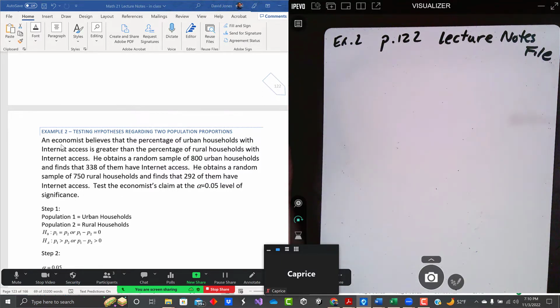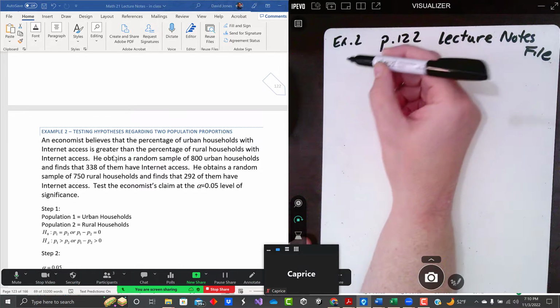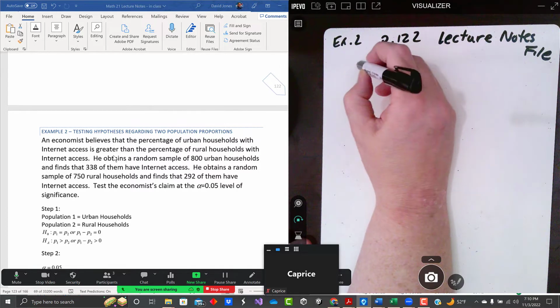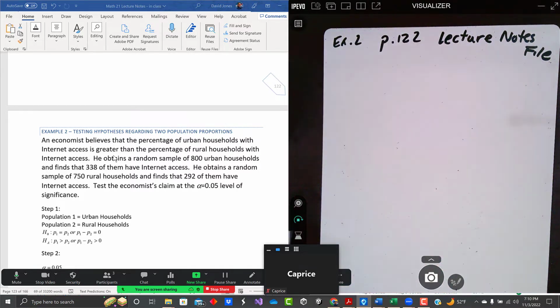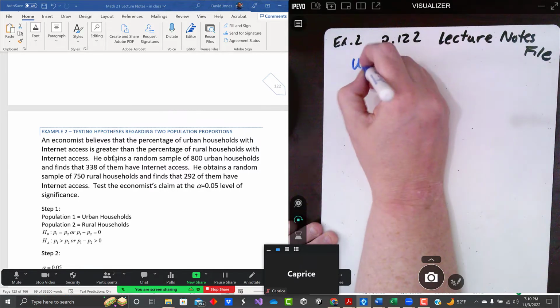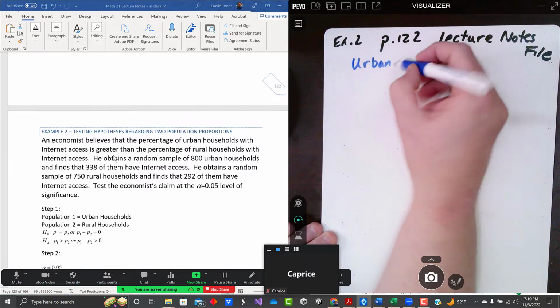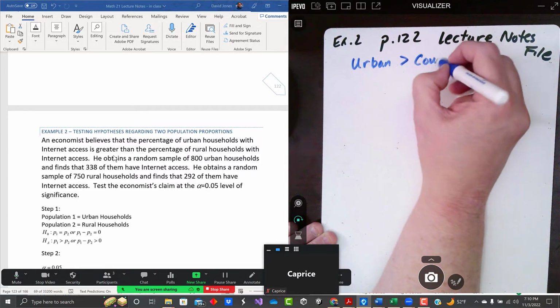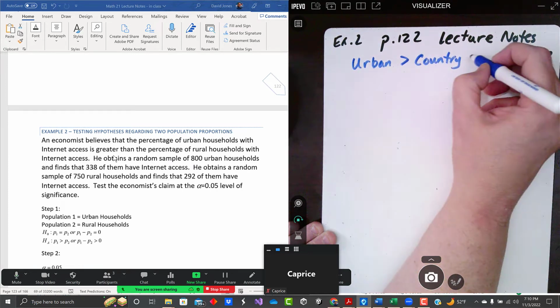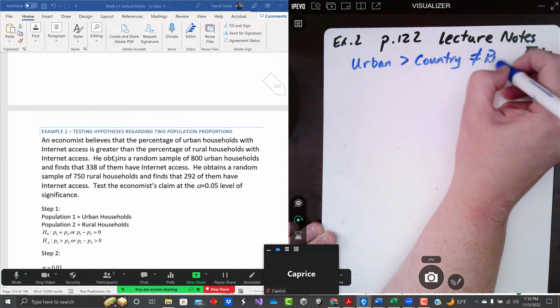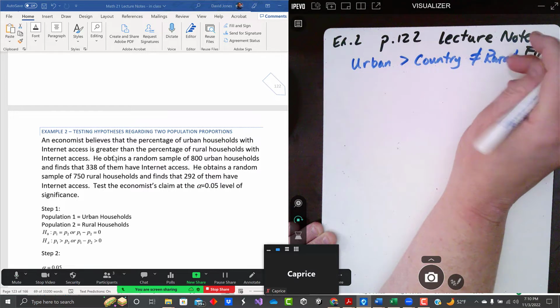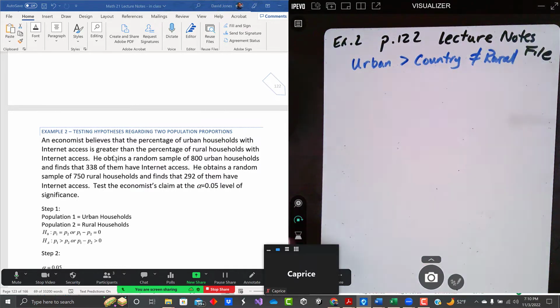So, we're talking about: does urban have a greater percentage than rural? And I'm going to use the word country rather than rural, because when I say rural, it sounds wrong to me in my head.